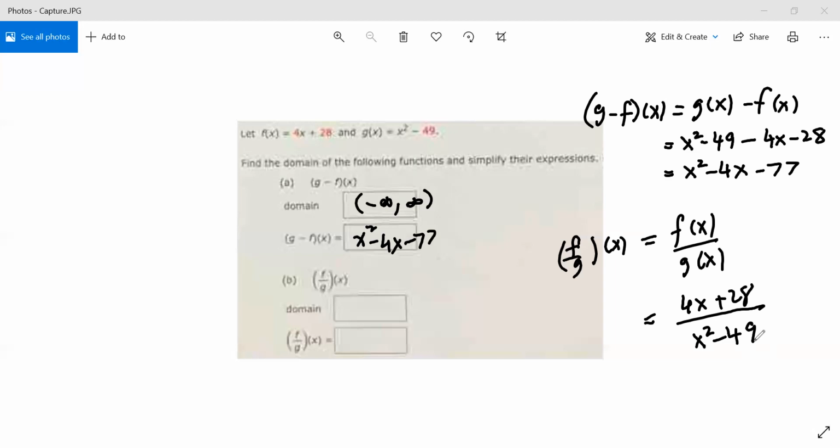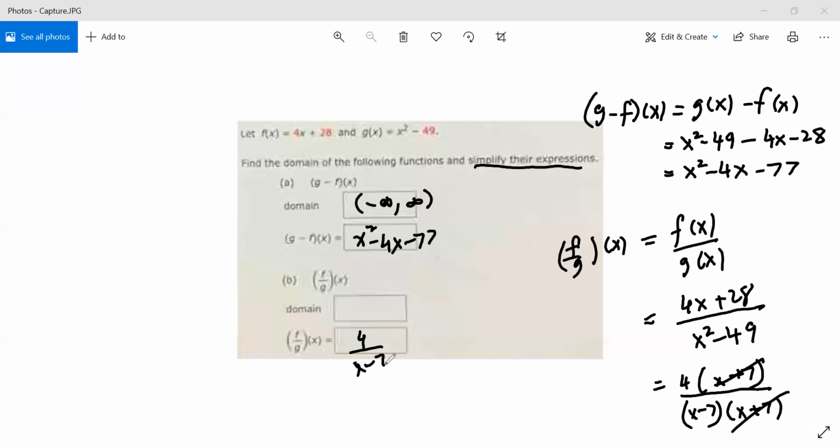To simplify this expression, we can factor out 4, because it says to simplify the expression. So I will get x plus 7 if I factor out 4. The bottom is a difference of squares, so it factors as x minus 7 times x plus 7, and you can cancel out x plus 7. So we can put here 4 over x minus 7.